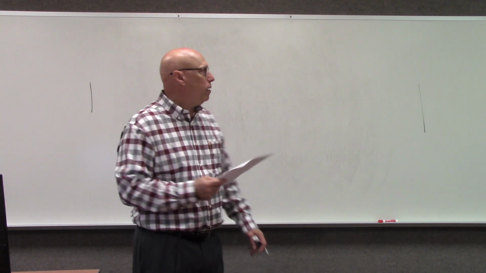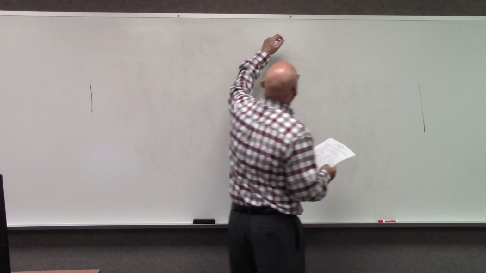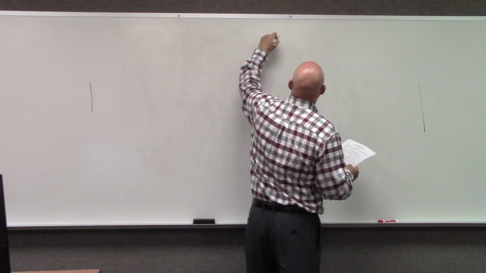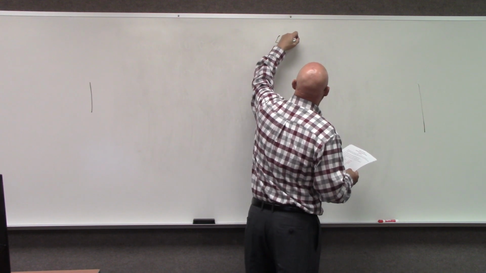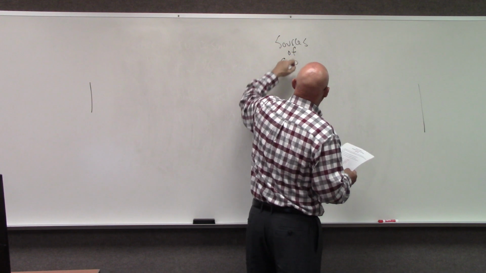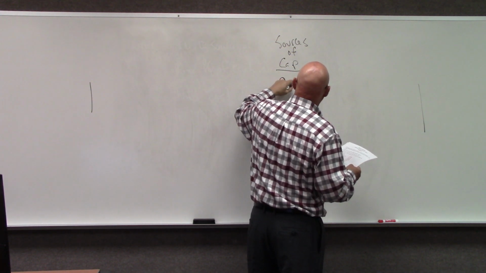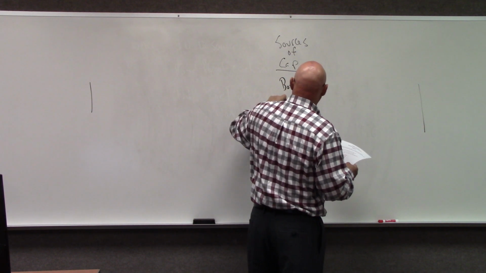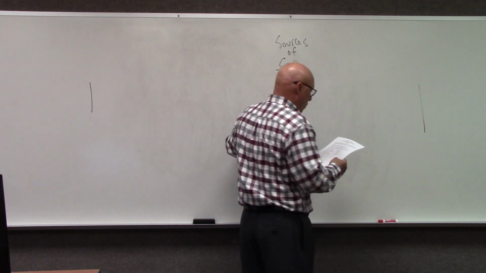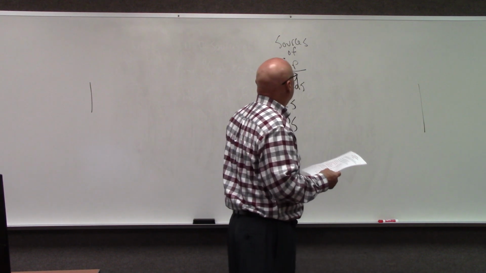What is the WACC? So first, let's build a little table, and we're going to say sources of capital. And we know that we have bonds, and we have common stock, and we have preferred stock in this problem.